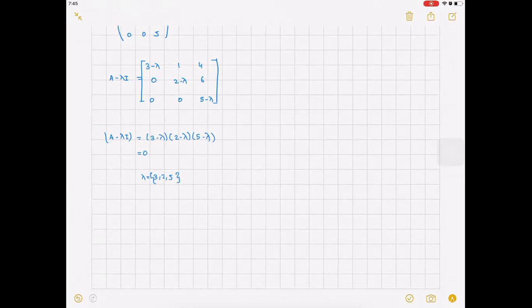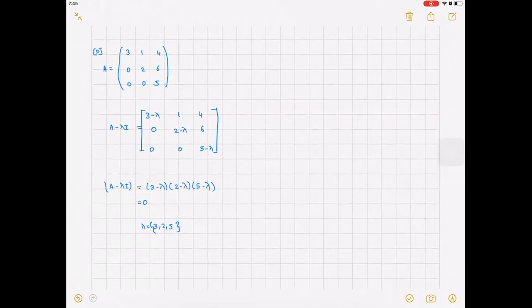So for an upper triangular, lower triangular or diagonal matrix, the eigenvalues are the diagonal elements, directly. So lambda 1, lambda 2, lambda 3 are 3, 2 and 5. Straightforward. This is how you find them for upper triangular matrices.